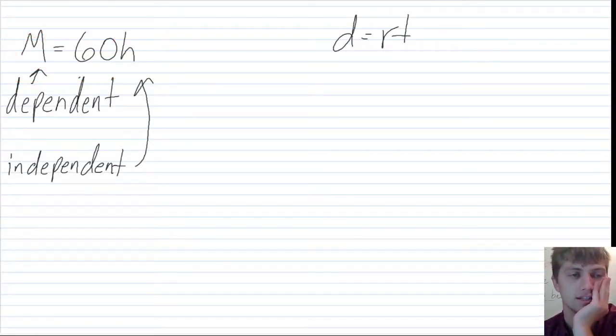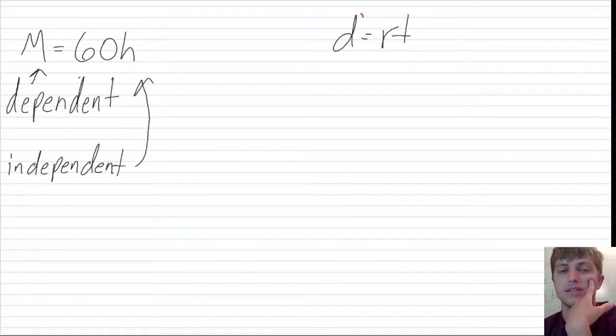Now, let's take a look over here. Remember, distance equals rate times time. If we're going 3 miles per hour for 2 hours, how many miles have we traveled? 3 times 2 gives us 6 miles. That's what this equation does for us. We get to control the rate and the time, we get to change those values, but the distance is dependent on the rate and the time.